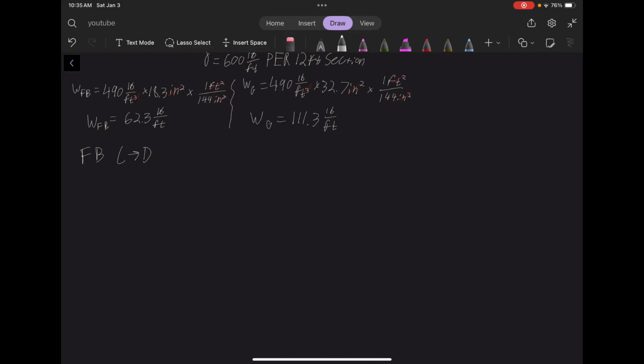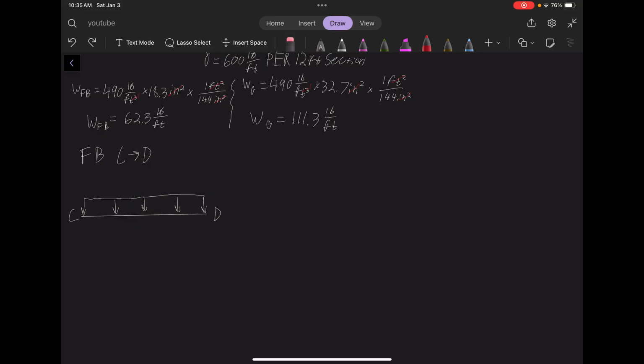If we were to draw a line here, so this is point C, this is point D. This is going to be a distributed load across the beam. So I'm going to go ahead and draw my arrows, and we need to know what the tributary area is of this distributed load.